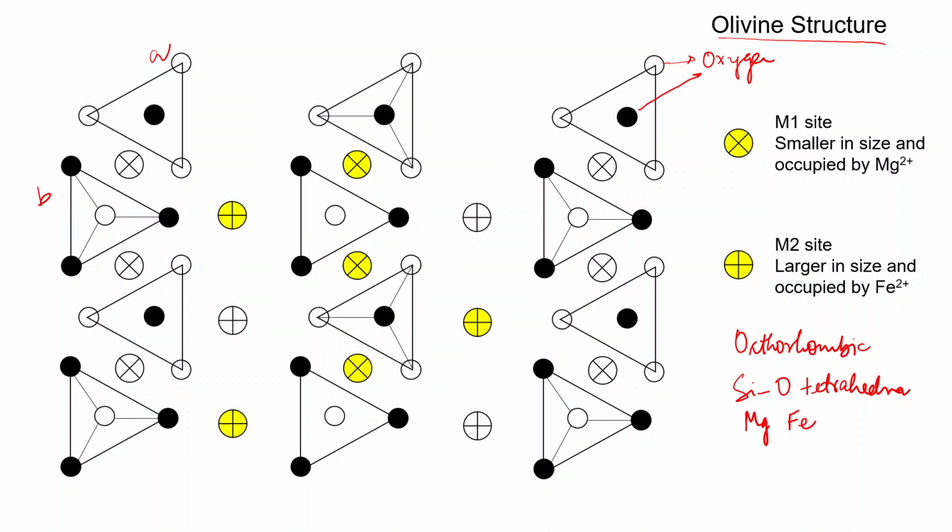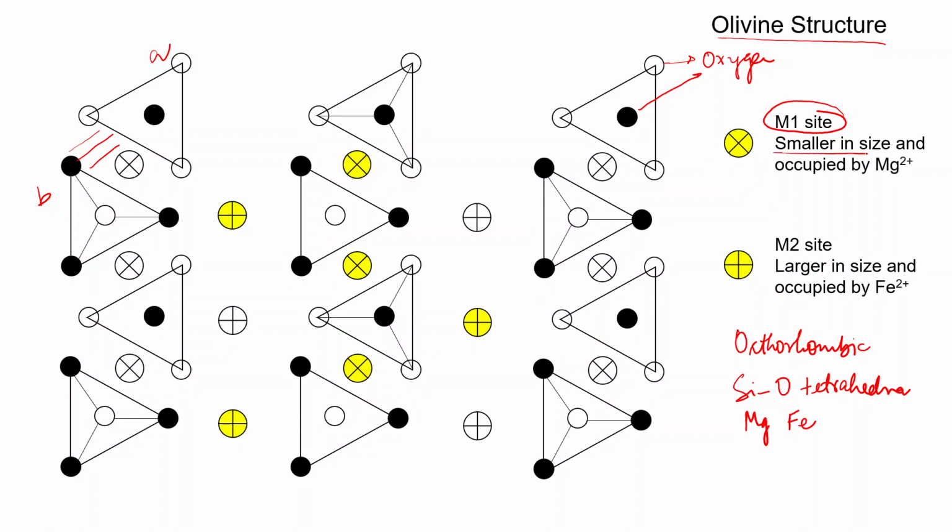Here you can see that these two tetrahedra are arranged in such a way that their bases are parallel to each other. In between the bases of these two tetrahedra, there is a site which is called the M1 site.